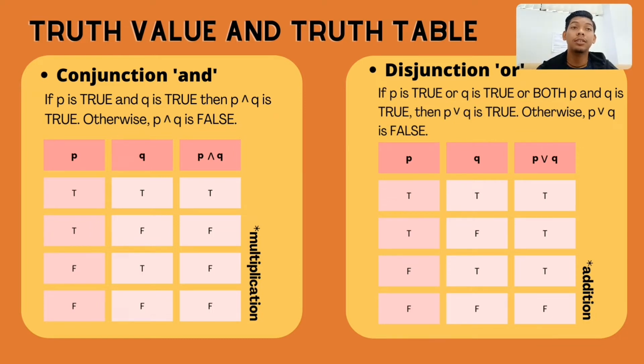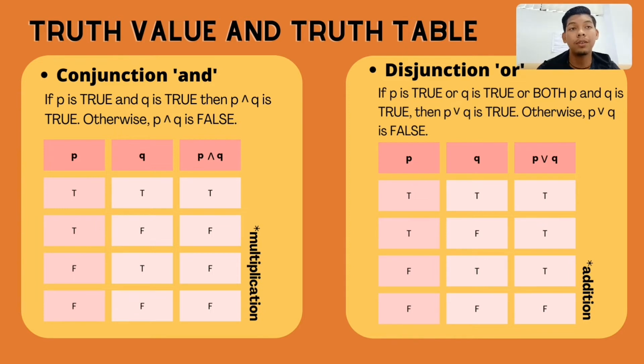The third one is disjunction, or we call it or. If P is true or Q is true, or both P and Q are true, then P or Q is true. Otherwise, P or Q is false. You can look at the truth table here. If P is true and Q is true, then P or Q is true. If P is true, Q is false, P or Q is true.